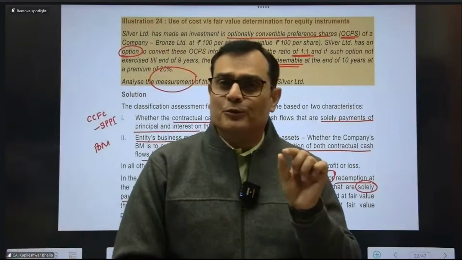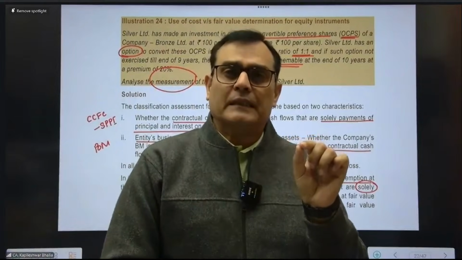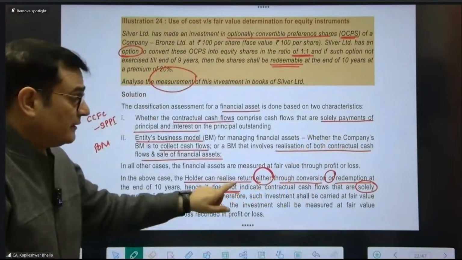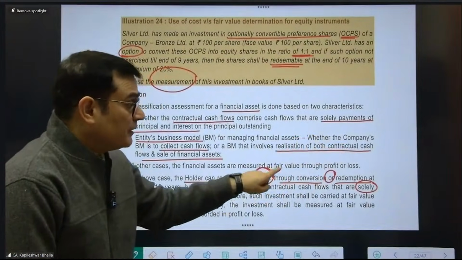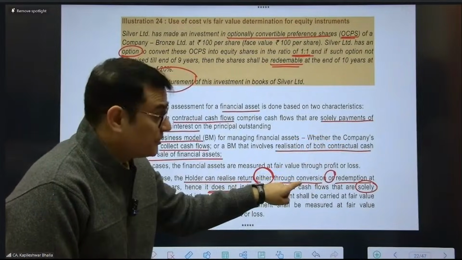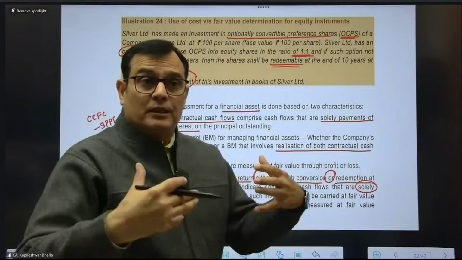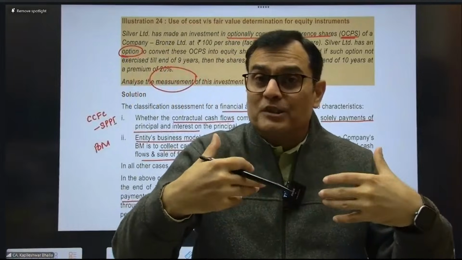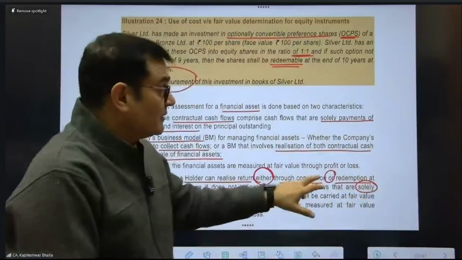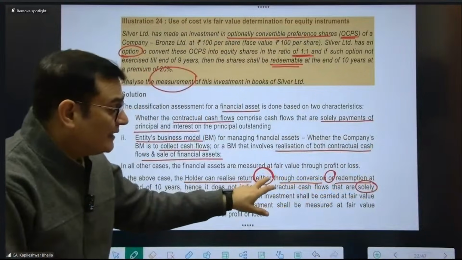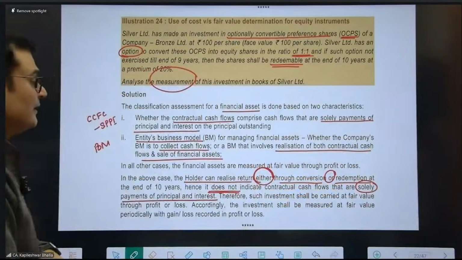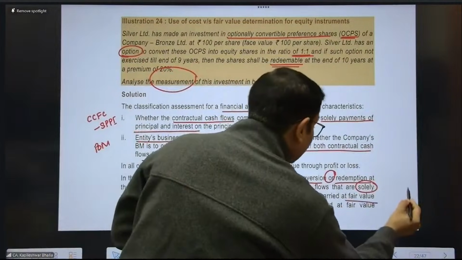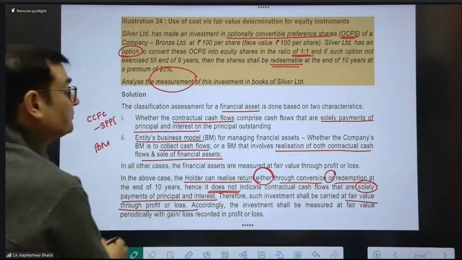Remember when I showed you the concept of CCFC, when I said if you're considering an optionally convertible instrument, in this particular case, since you will realize a return by conversion into shares or by taking a cash, you are not getting solely cash. You are not getting solely the principal and the interest in cash, because it is by cash or by conversion as the case may be. And therefore it says that this test will fail. If this test will fail, it is carried at FVTPL. That's what I've given you.